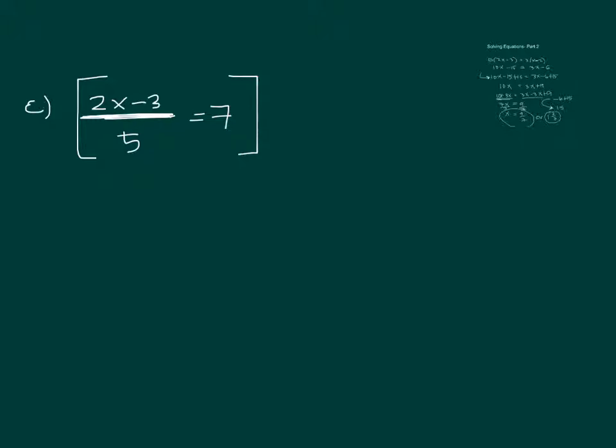Again, if we think of reverse operation, what's the reverse operation for division? Multiplication. So if I have something here divided by 5, to reverse that, what should I do? Multiply by 5, okay?